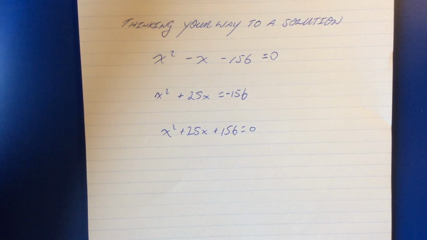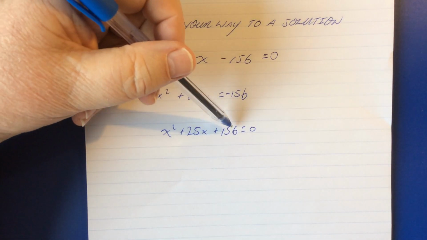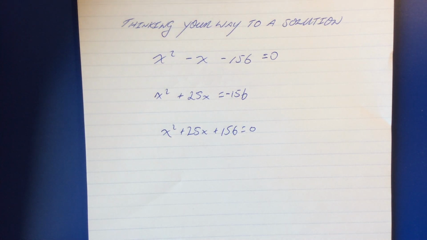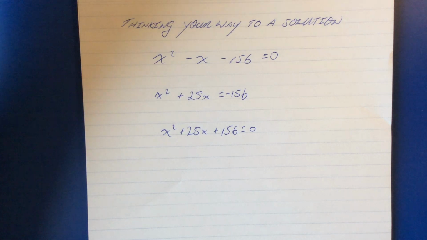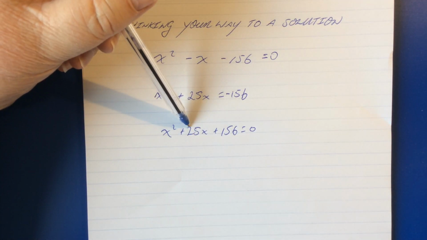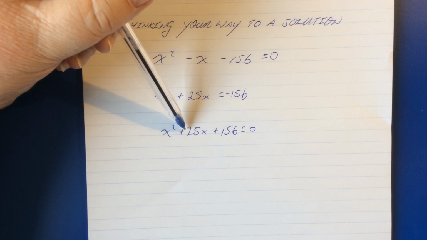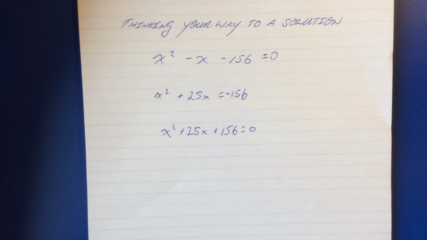Now, there are clues in here. This is outside the range of times tables, but it's not that far outside the range. What's the difference between 156 and 144? Well, it's 12. 12 12s are 144. We've got a number in the middle here that is 25. So what would give us 25 if one of the factors is 12?